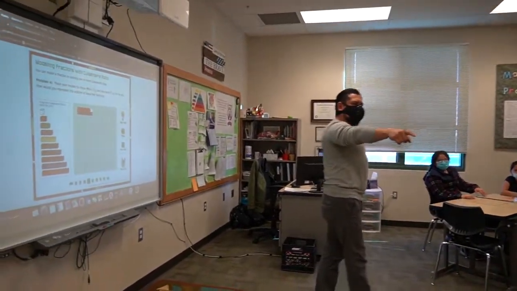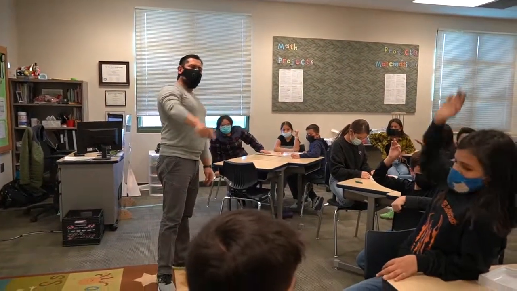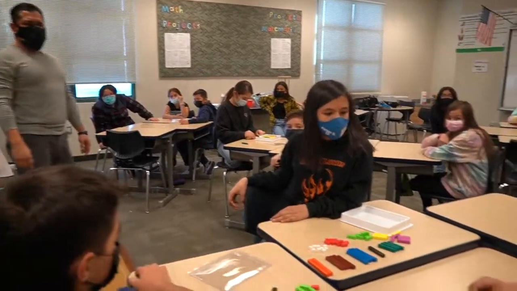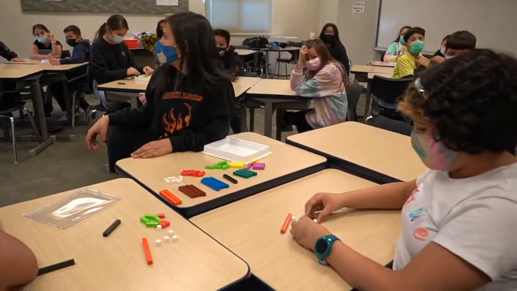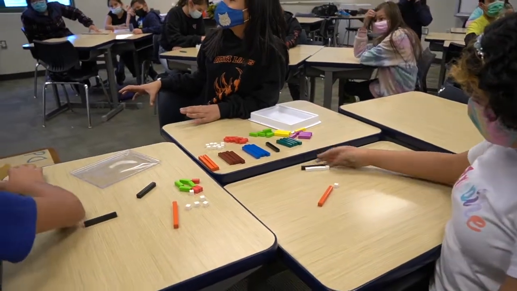Let me see this team, Rosie. Can you tell us what you have there? Okay, so this was an idea that she thought of, but how about if we let Aina explain it to us?